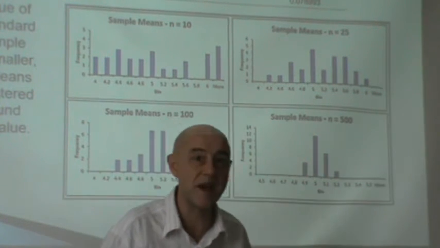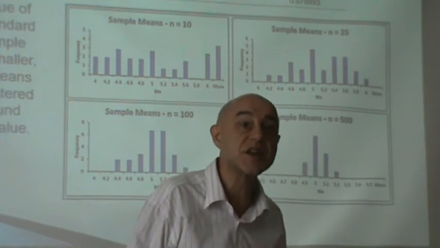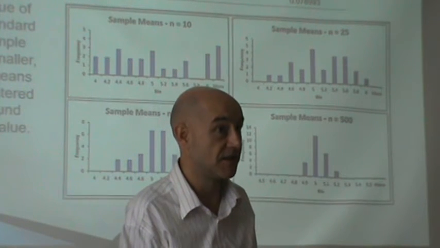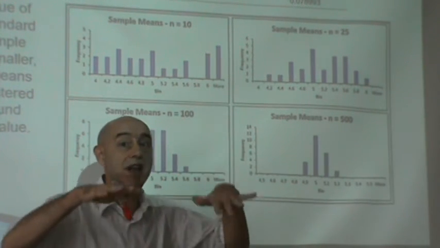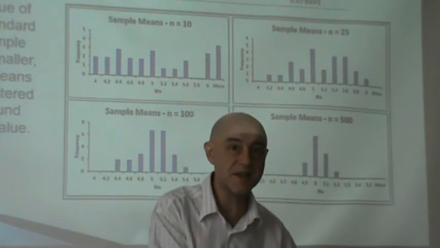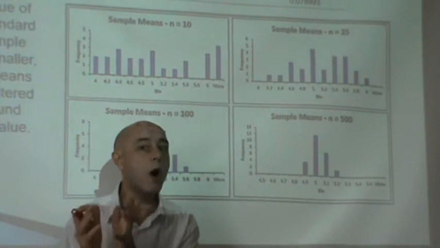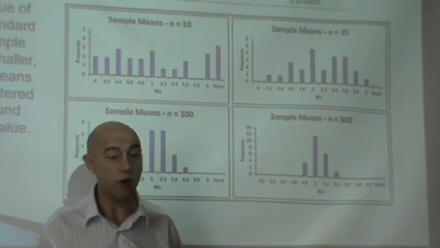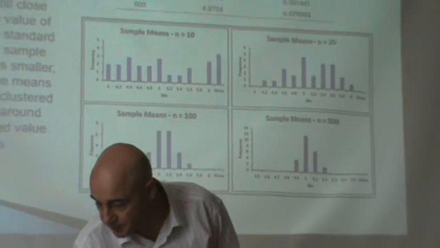Or are you willing to spend only $500 and maybe 5 days? Okay? So there is a trade-off between the time and the cost on the one side and the quality of the estimate on the other side.